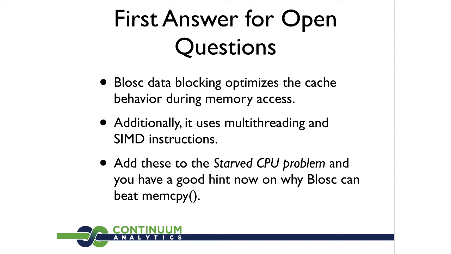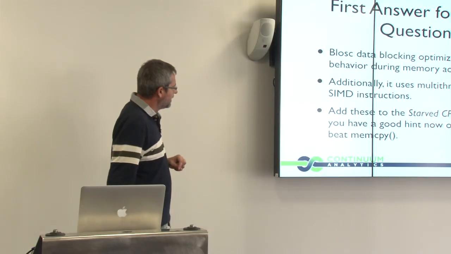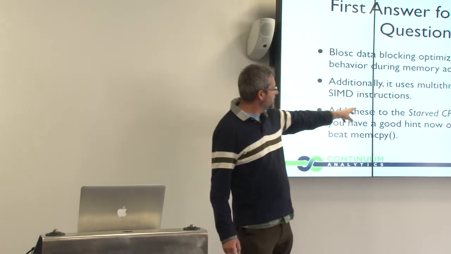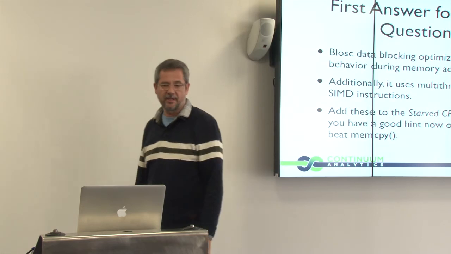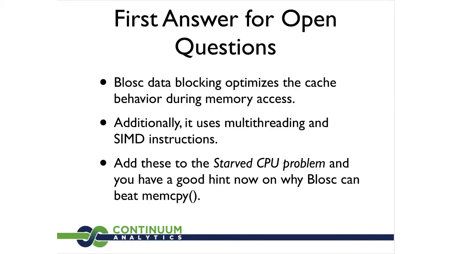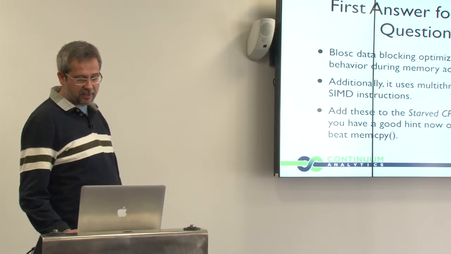This is very important. It uses multi-threading and simple instruction, multiple data instructions. And if we add this to the starved CPU problem, we can now figure out why Blosc can be faster than memcpy. So this is the first answer.